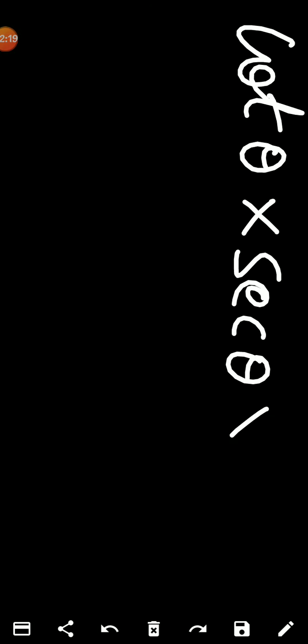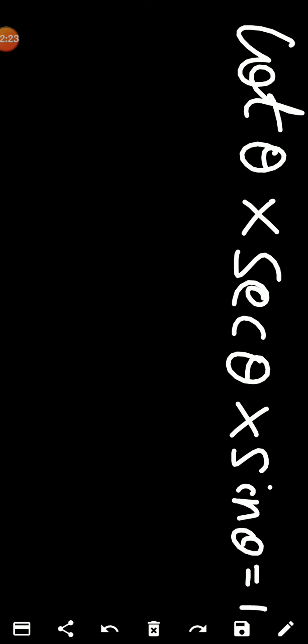Okay, so now let's move on to another problem, that is cot theta multiplied by secant theta multiplied by sine theta is equal to 1. So how do we prove this now?